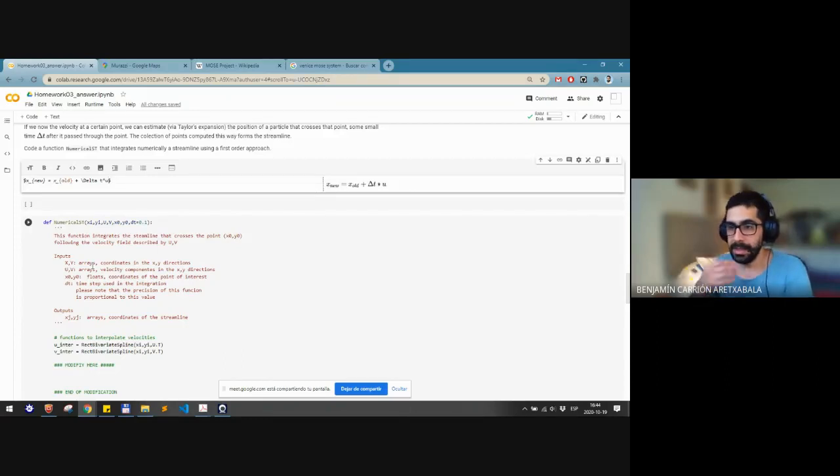Okay, and this is a first order approximation. You can work out the math, but basically this comes because x new minus x old divided by delta t is more or less the velocity, right? Or you can think of it as if you have a point and you know the velocity, you know that over a small period of time, you will be moving with the velocity. So as long as delta t is small, then your new position is just in the same direction as the velocity. And this, of course, has an error, right?